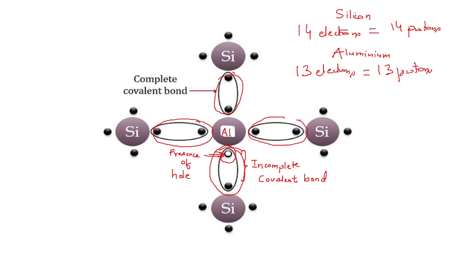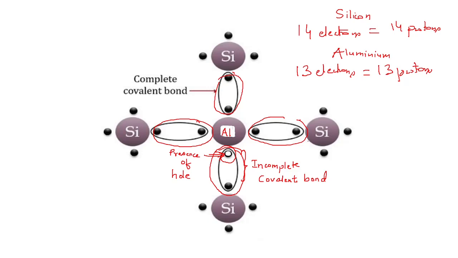Now here also the number of electrons is equal to number of protons, so even aluminium is electrically neutral. Now if you add such impurity like aluminium to pure semiconductor like silicon, both the atoms are electrically neutral. All these atoms in this crystalline structure of silicon atoms are electrically neutral, and even the aluminum atom is electrically neutral. So when you add electrically neutral atoms together, the complete arrangement is also electrically neutral.